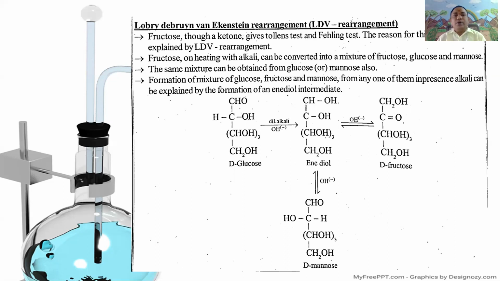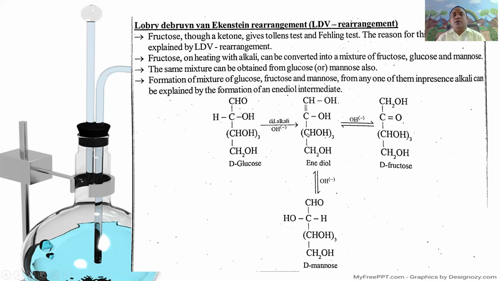The same mixture can be obtained from either glucose or fructose or mannose. The formation of this mixture in presence of alkali can be explained by the formation of enediol as an intermediate product.